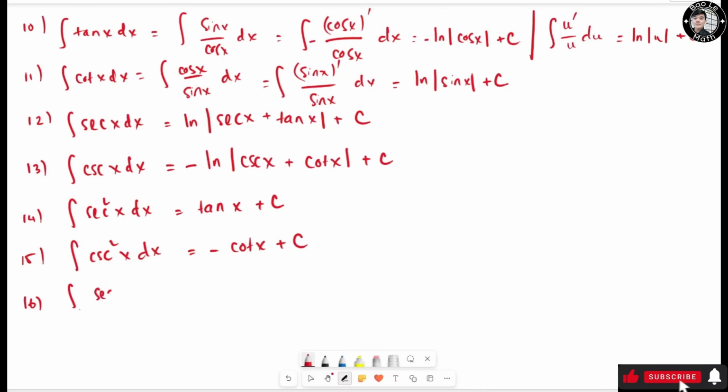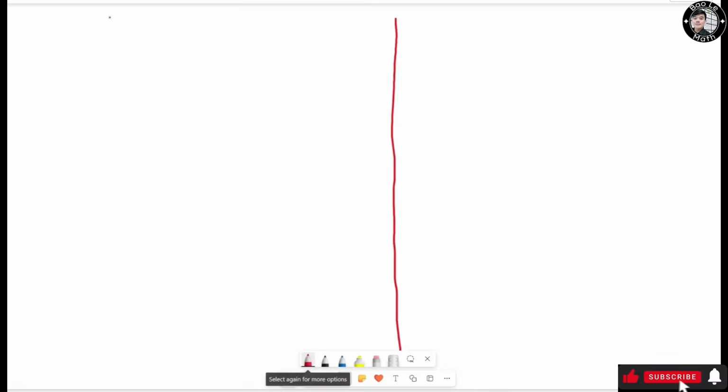The antiderivative of secant s tangent s ds equals secant s plus c. Number 17. The antiderivative of cosecant s cotangent s ds equals negative cosecant s plus c.